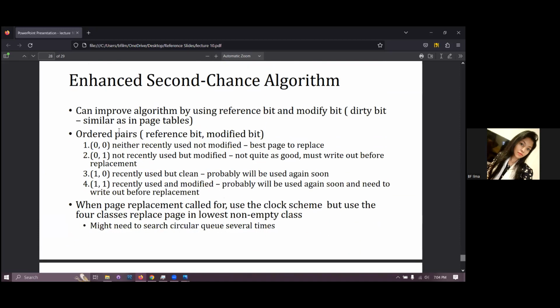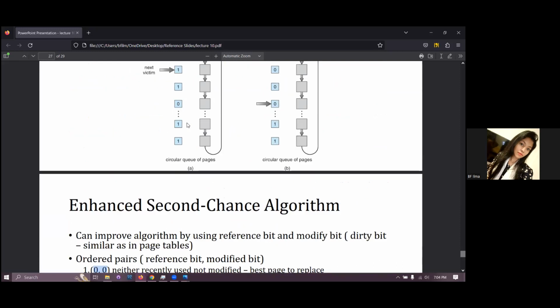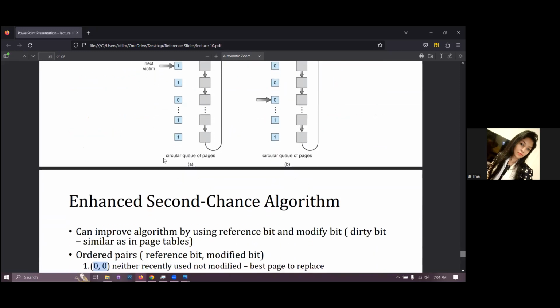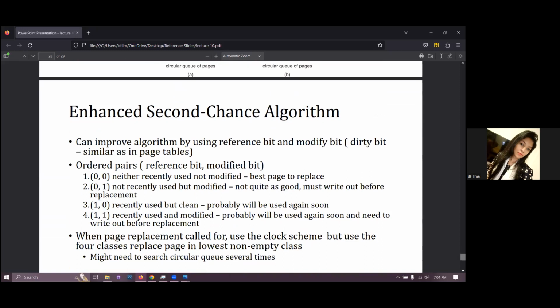In this case, we have 4 cases. A page can have 0,0, 0,1, 1,0, or 1,1. 0,0 means neither recently used nor modified.